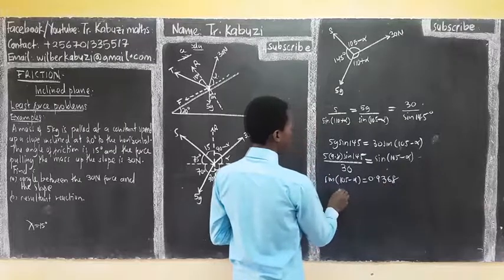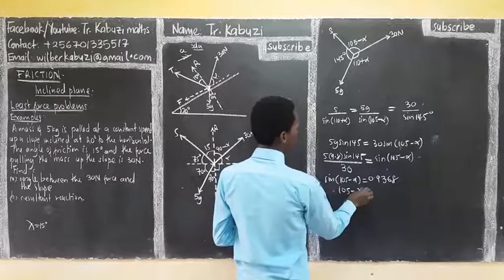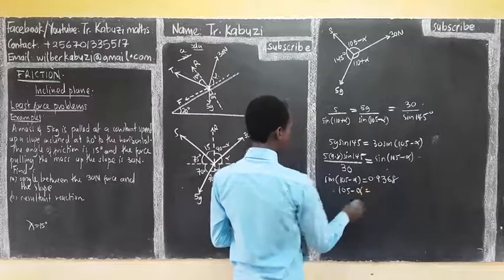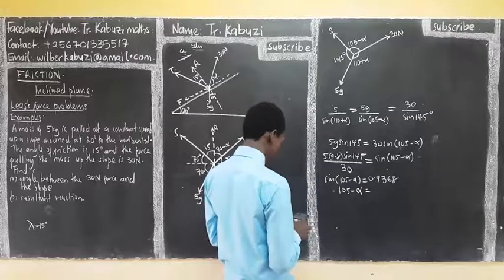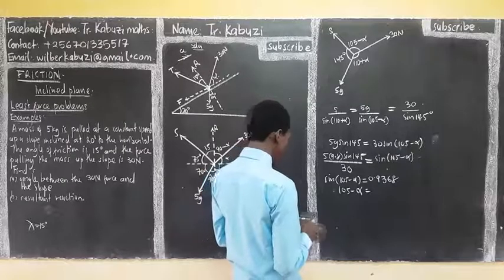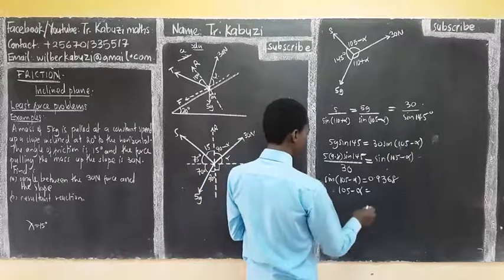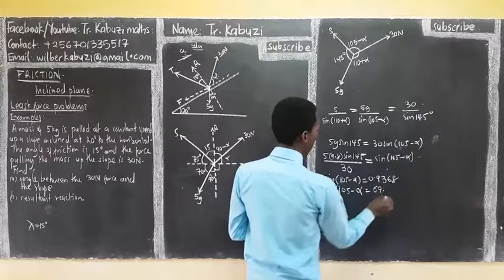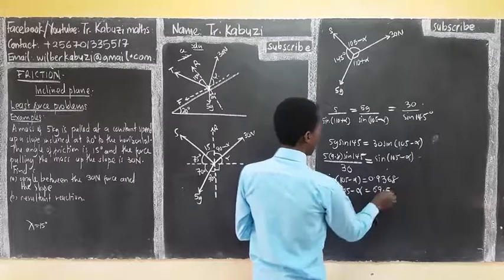So meaning my 105 minus alpha will give me sine inverse of 0.9368. It is giving me 69.51 degrees.